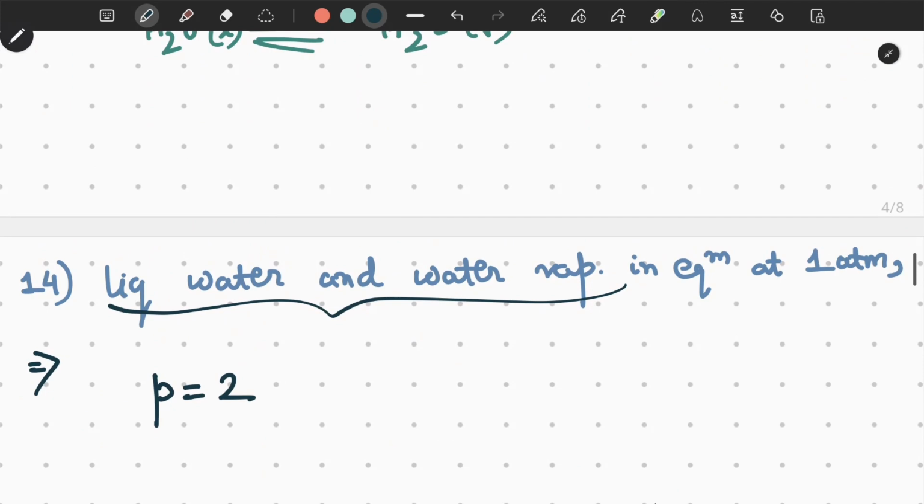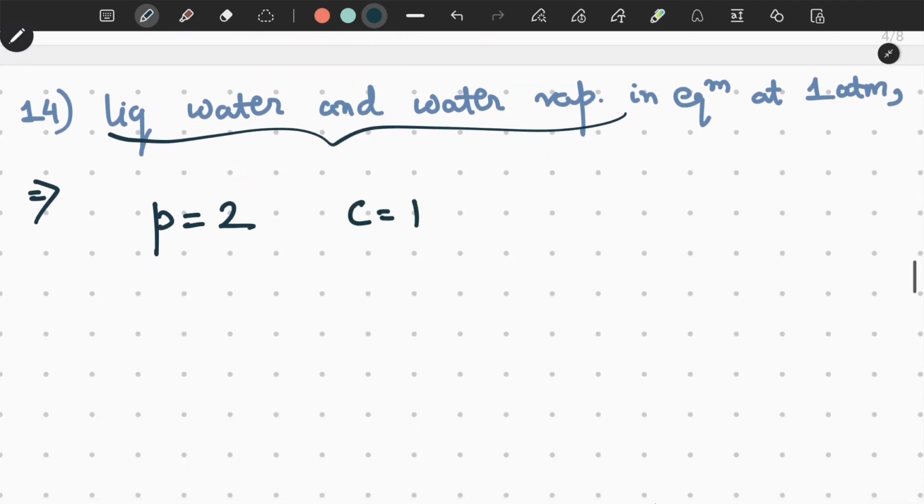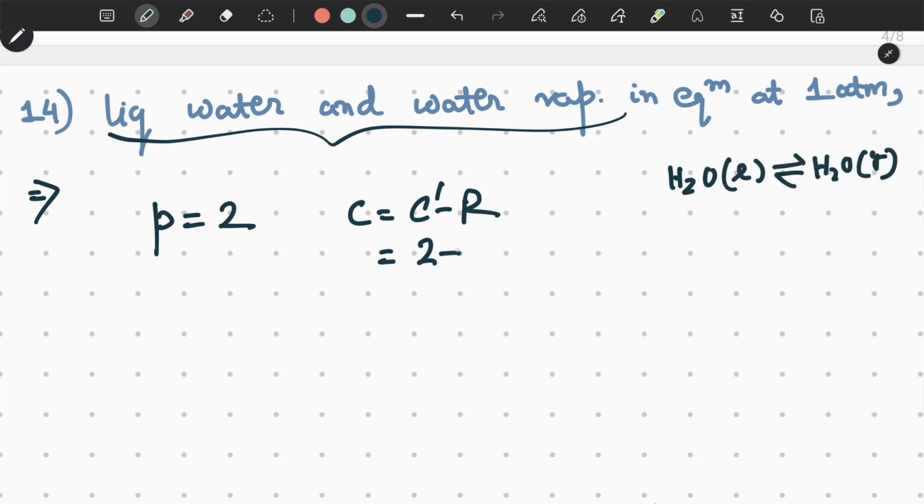Now next is component. Component is 2 minus 0, no, 1. Because this is already at equilibrium, one restriction is there. Another restriction is there: this is 1 atm.